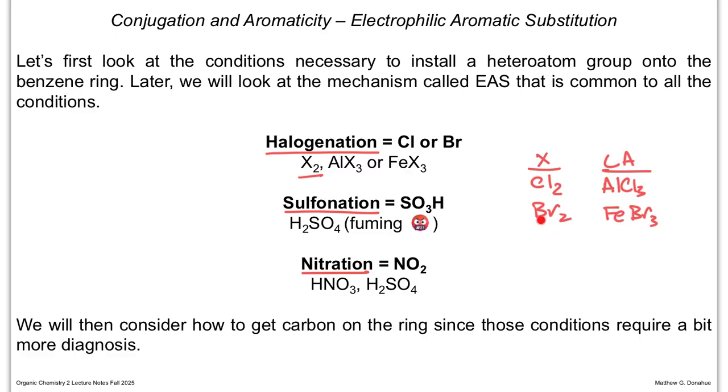The halogen itself is going to come from X2. The Lewis acid is there to make that more electrophilic so that things are properly matched in terms of the orbital energies. So that will make a halogenated benzene. And we saw that halogens were electron donating groups.